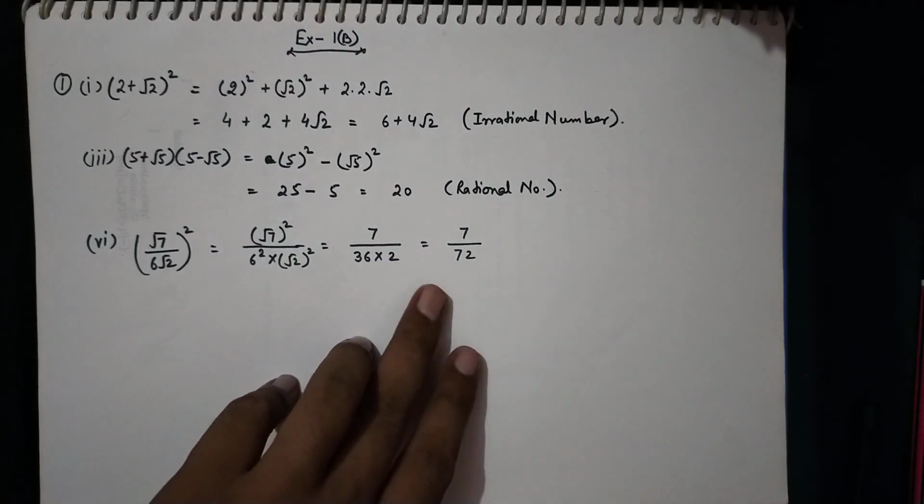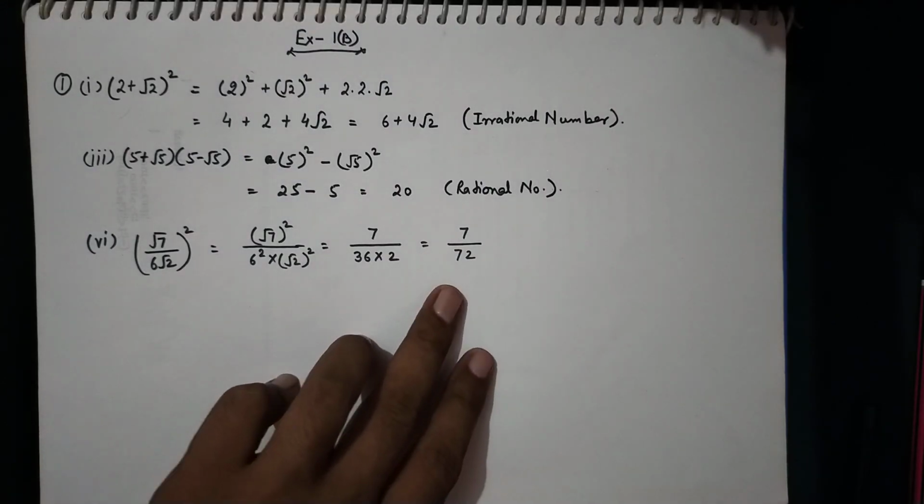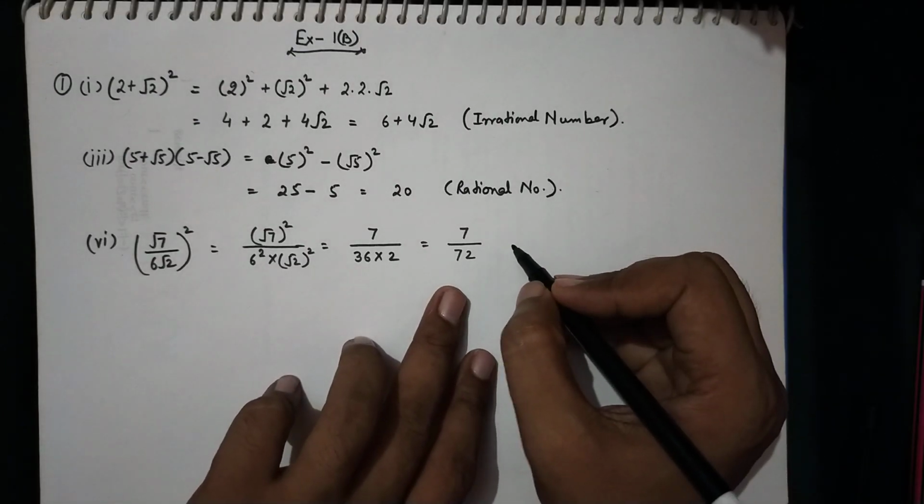Now we can see that this is written in the form of p by q, so this one is again a rational number.